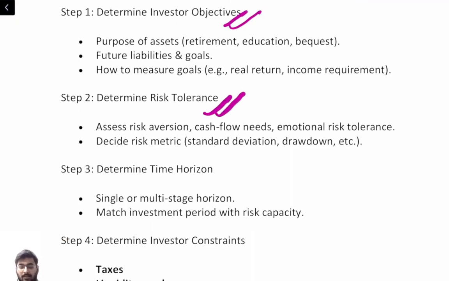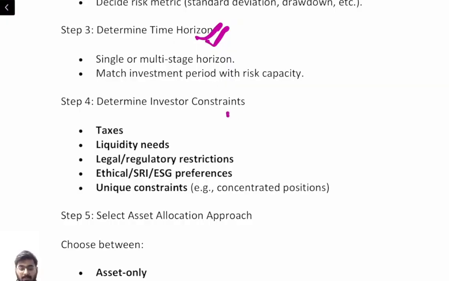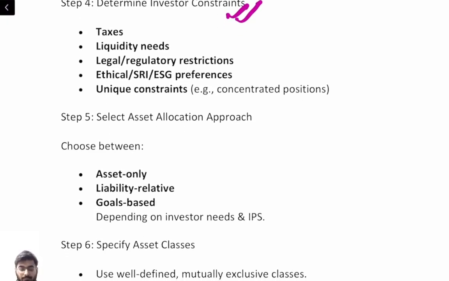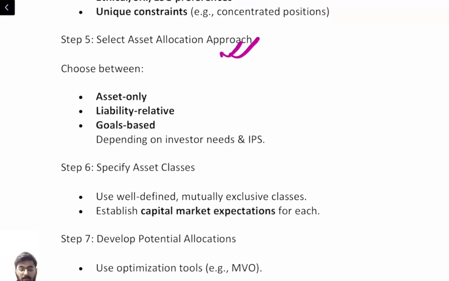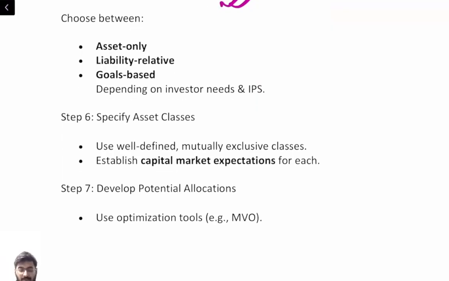Second, determine their risk tolerance, how much risk they can actually take. Then understand the time horizon. So these points are repeated again, their constraints. And then select the asset allocation approach, whether you go for asset only, liability relative, or goal based. Specify the asset classes. Okay, which classes you are going to invest in.